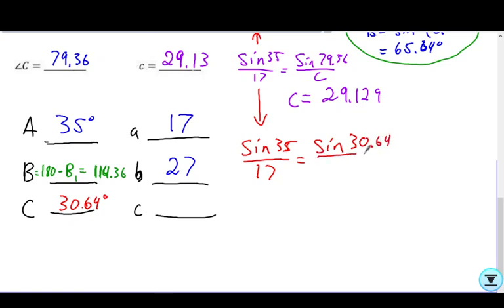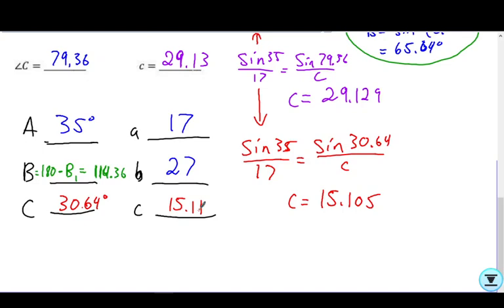It's been exactly the same every time, and we're doing the exact same thing every single time. We're just cross multiplying. So it's going to be 17 times the sine of 30.64 divided by the sine of 35, and we get 15.105, 15.11. Okay? So that is my second solution.